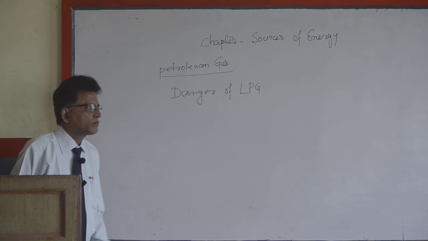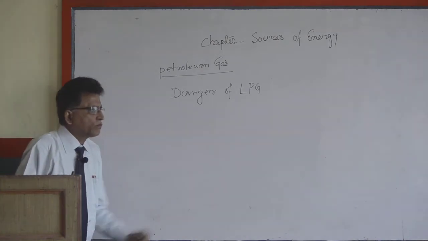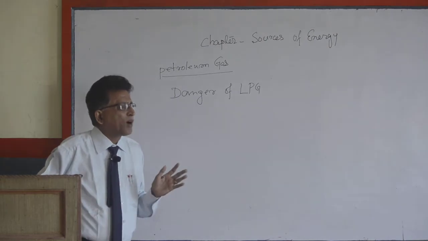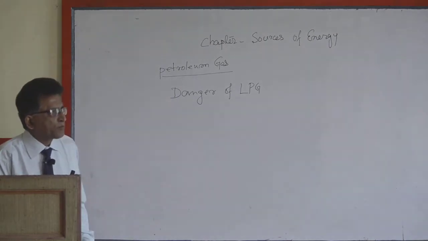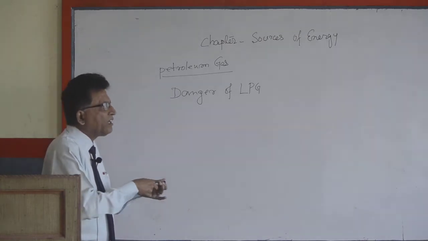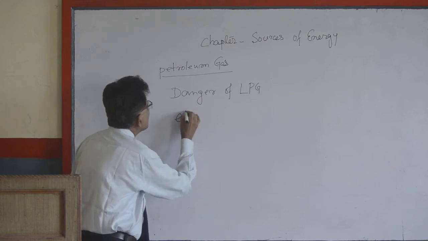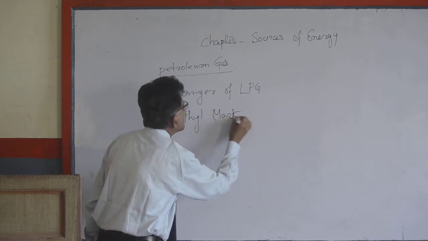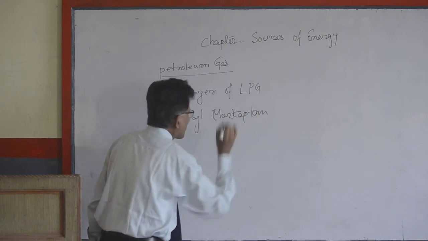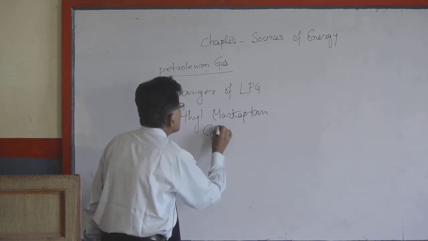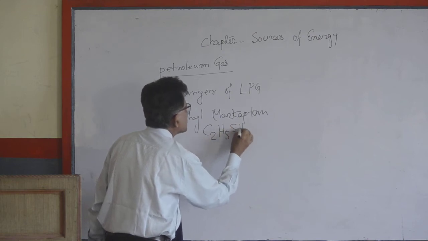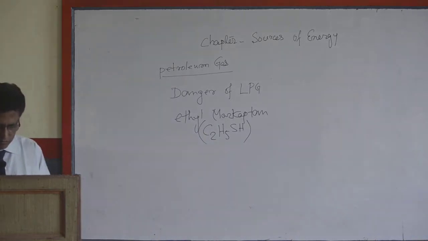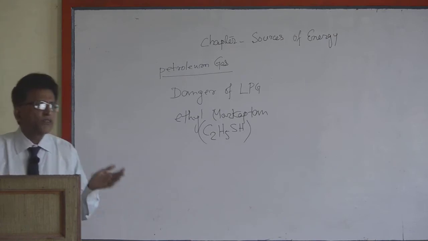For this, a very small amount of foul smelling substance, ethyl mercaptan, C2H5SH, is added to LPG cylinder to help in the detection of gas leakage.